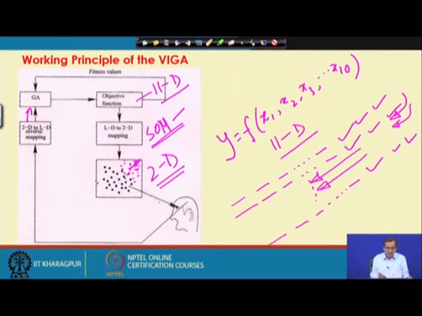Now, as I told, for this LD to 2D mapping, supposing that I am using self organizing map, which is going to keep this information of LD to 2D intact. But supposing that in place of the self organizing map, I use, say, Sammon's nonlinear mapping or, say, the Weiser algorithm. In that case, we will have to maintain one lookup table.